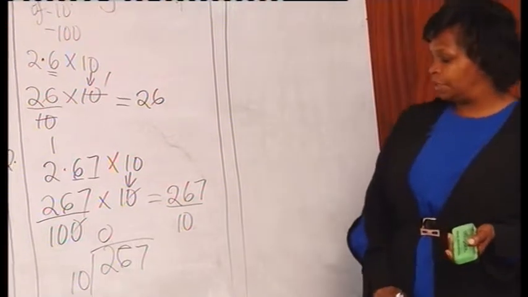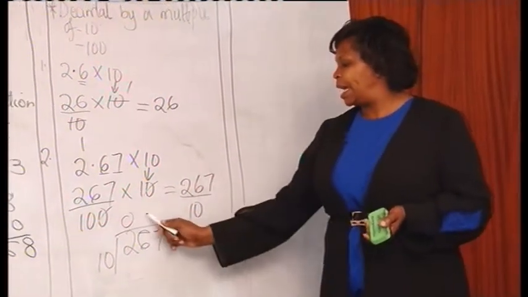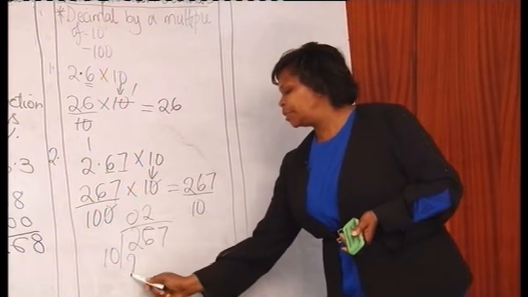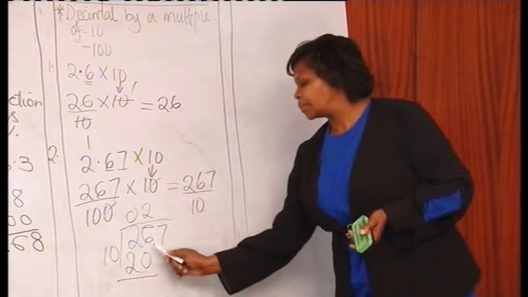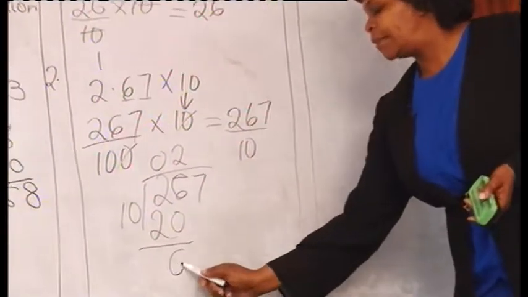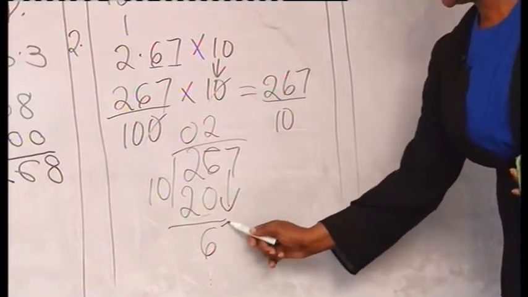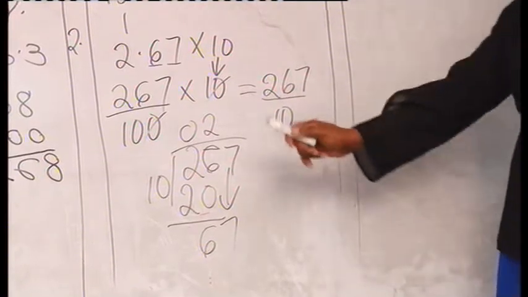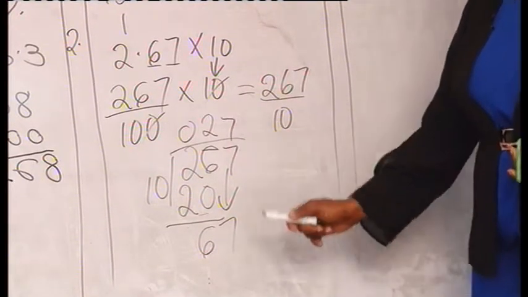Then I consider 26. 26 divided by 10, I'll take 2 because of 20. Because 2 times 10 is 20. Then I take away. I drop my 7.